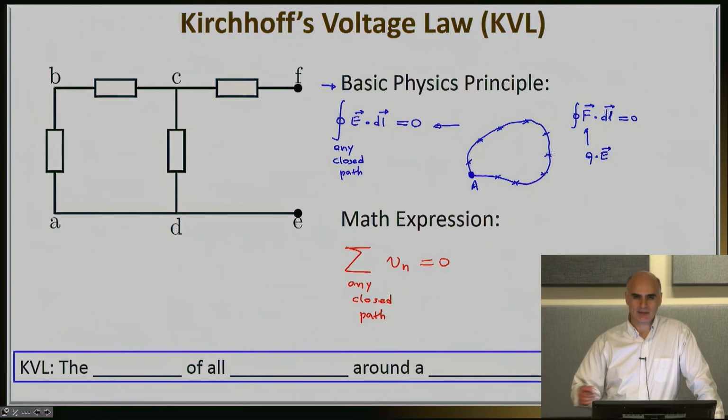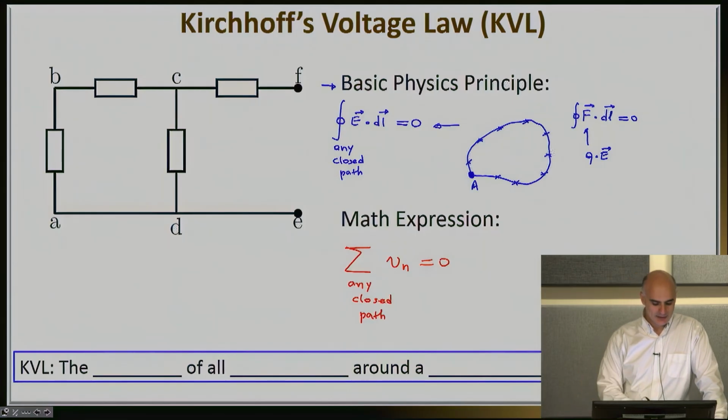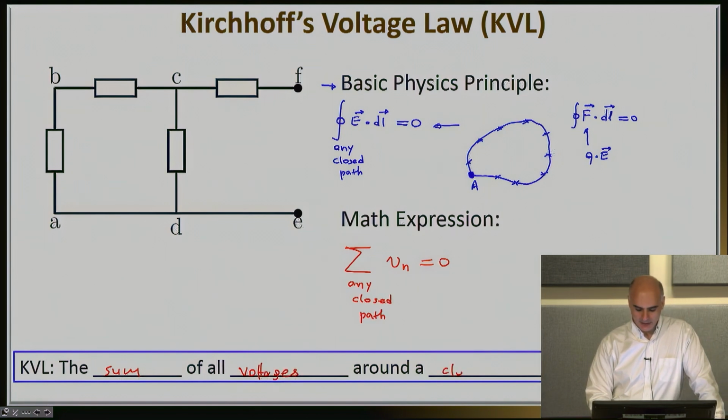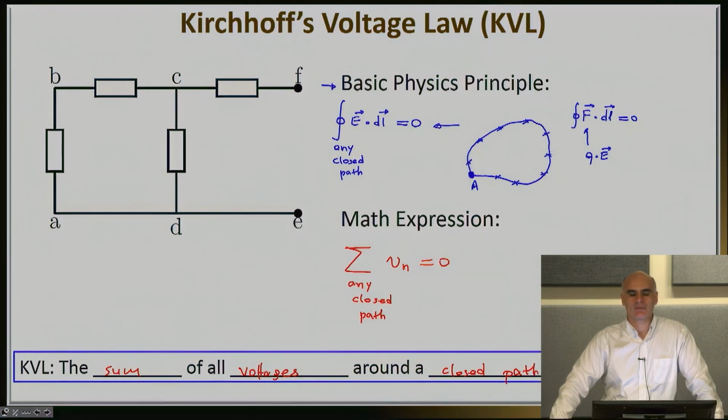But I do want to spend a little bit of time finding out more about the expression that you see here. So first of all, let me restate this expression. The expression says that the sum of all voltages around a closed path must be equal to zero, must add up to zero.